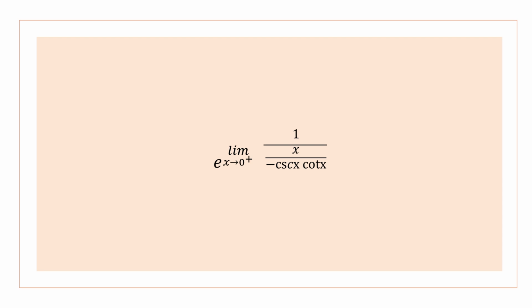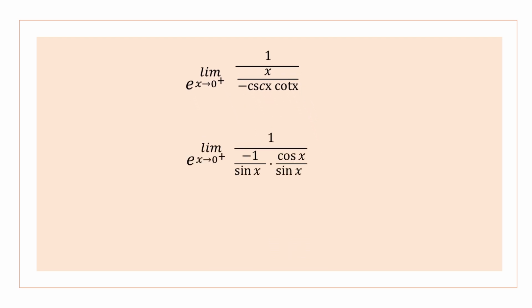So the given is the limit of 1 over x over negative cosecant x times cotangent x, as x approaches 0 from the right. First, we are going to get the reciprocal of our denominator. Cosecant x is going to be 1 over sine x, and cotangent x is going to be cosine x over sine x. Just replace the cosecant x and cotangent x with their reciprocals from the given.